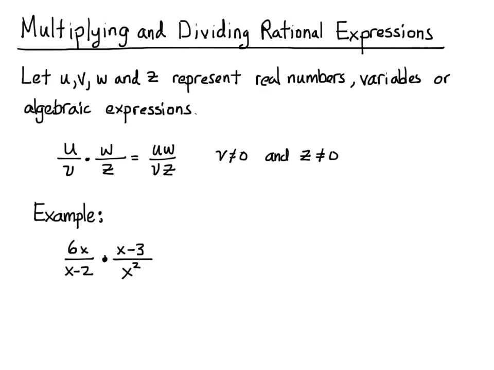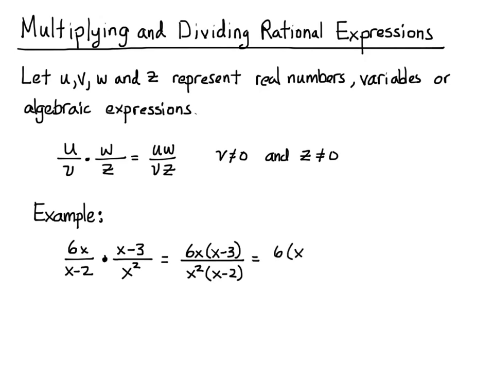Okay, so an example, let's say I have 6x over x minus 2, and I want to multiply that by x minus 3 over x squared. Basically, I put them together, and then I simplify. So the only thing I have in common here, I have an x in the numerator and an x squared in the denominator.